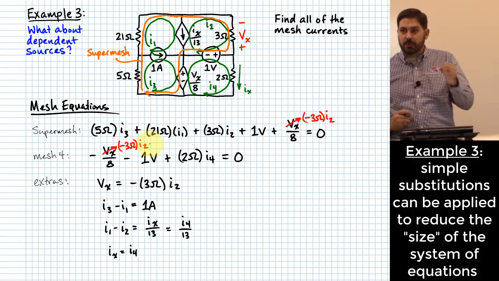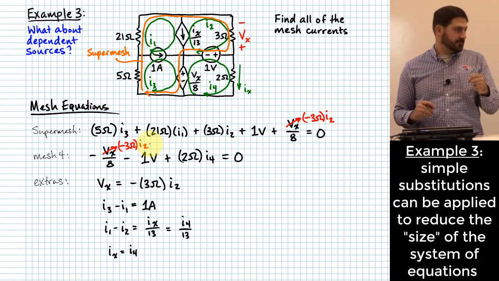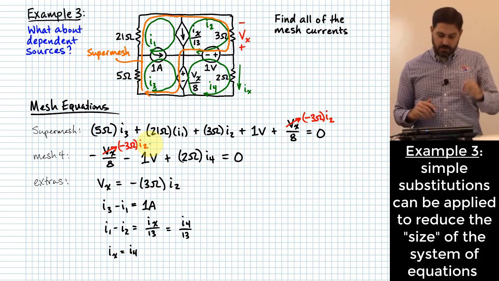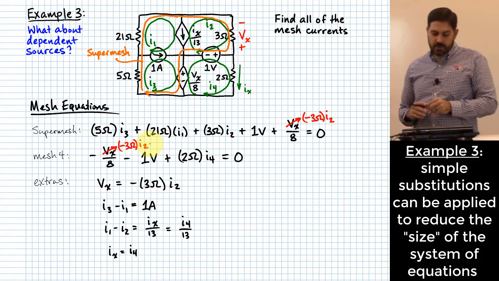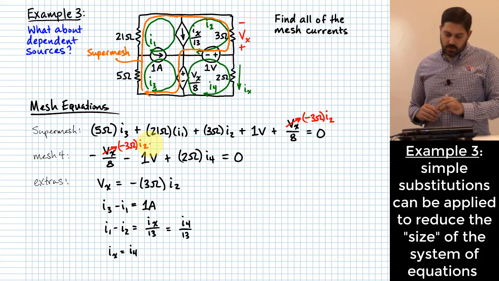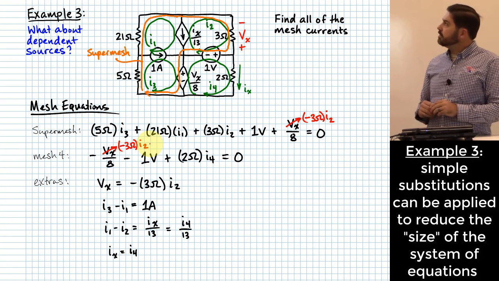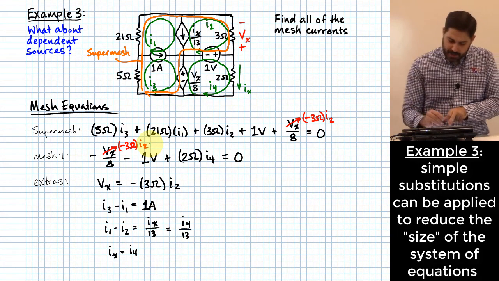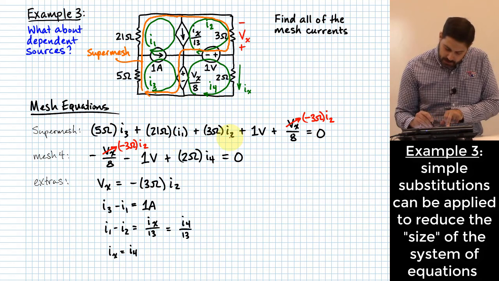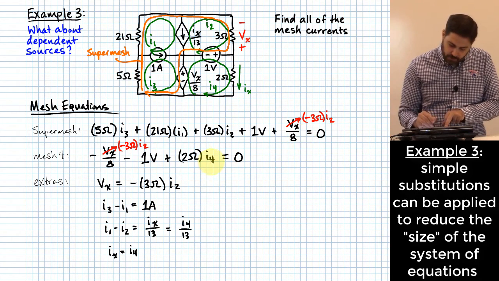I've removed it from my required solution space, right? So that's one thing I can do. So that's good. Now let's think about this. So I've got I3, I1, and I2 in this first equation. I've got I2 and I4 in this second equation.